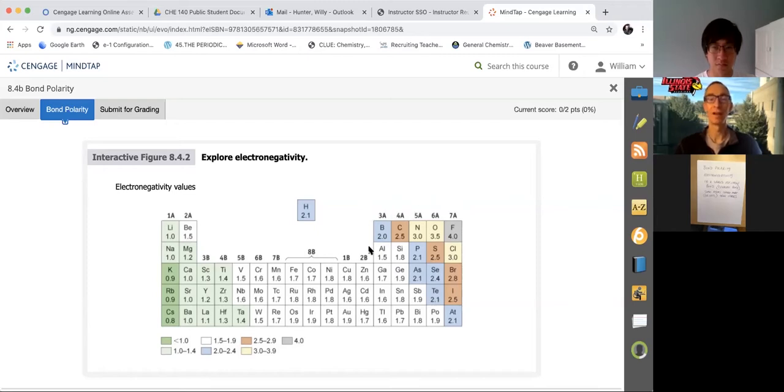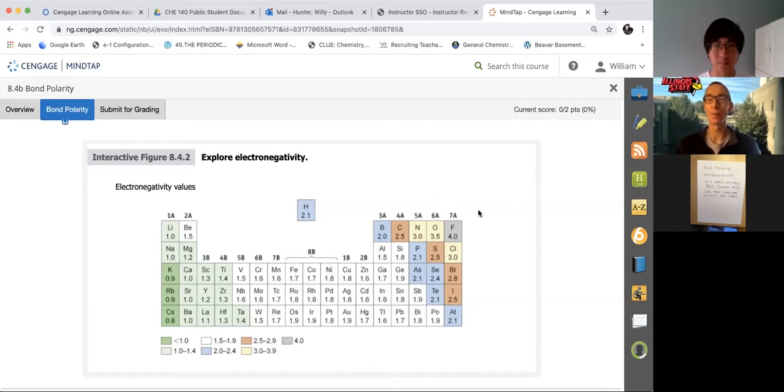Likewise, as we move further down and to the left towards the metals, through the semi-metals, these elements have much lower electronegativity. And you can see the values for oxygen are like 3.5, fluorine 4.0, and nickel 1.8, right? So just like electron affinity, just like ionization energy, there are atoms that have a stronger attraction for electrons than others.